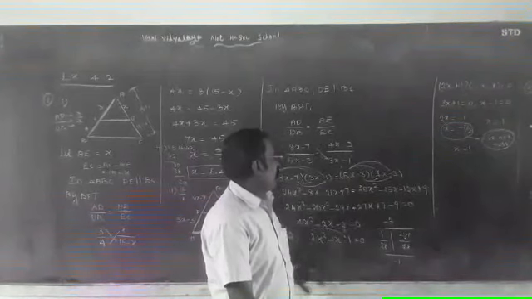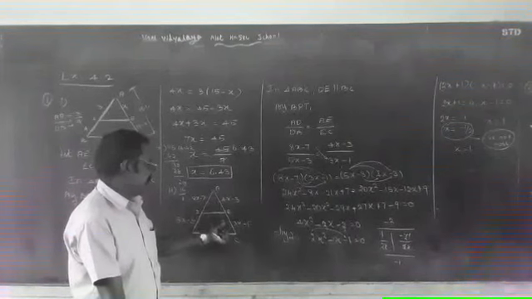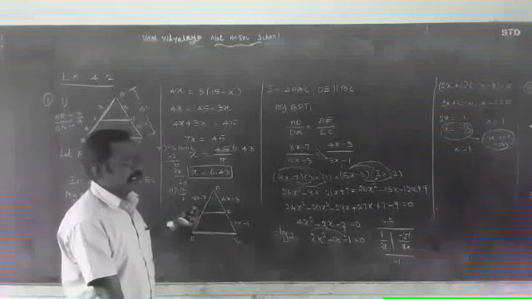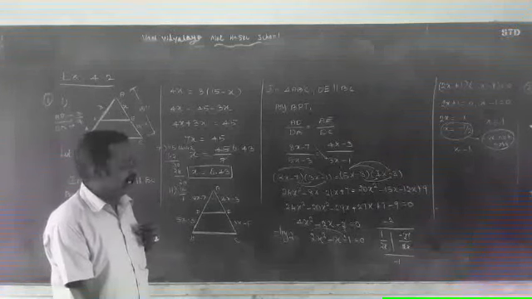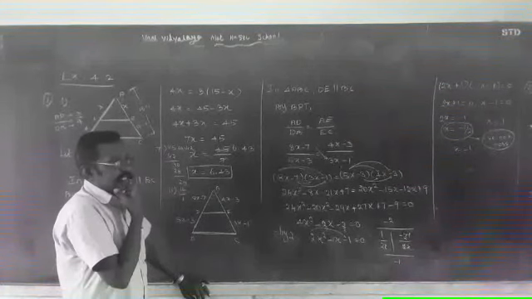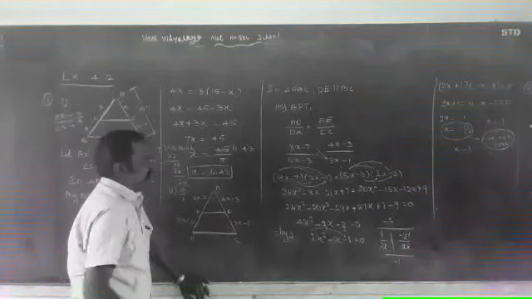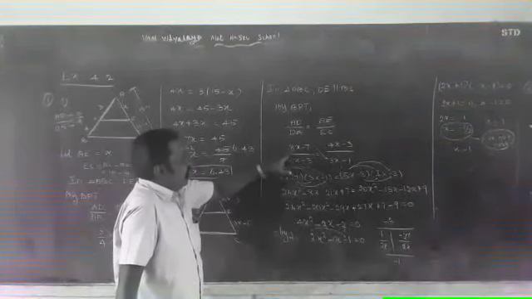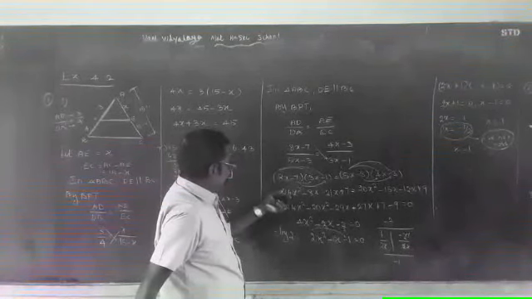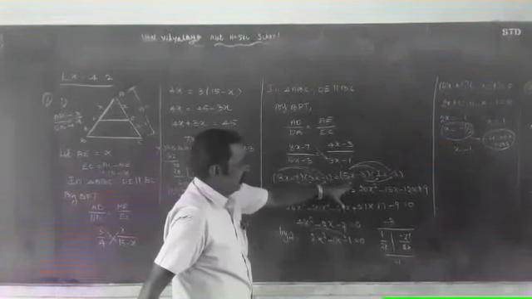Once again, these four sides AD, DB, AE, EC are given. In triangle ABC, DE is parallel to BC, so by the basic proportionality theorem, AD divided by DB equals AE divided by EC. Cross multiplication: 8x minus 7 into 3x minus 1 equals 4x minus 3 into 5x minus 3.